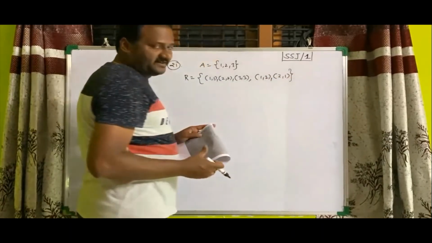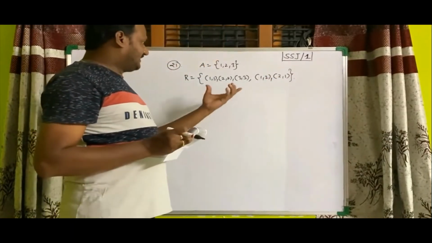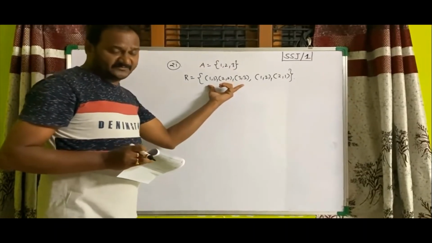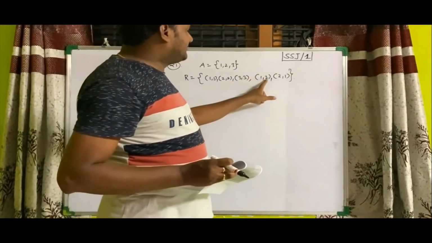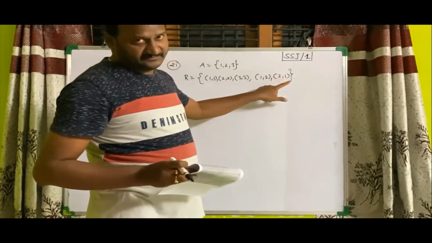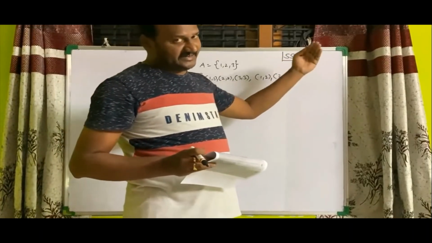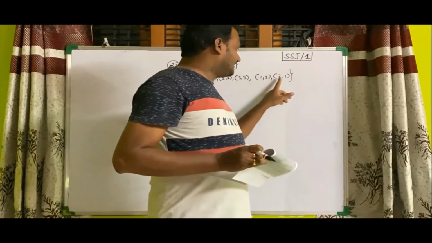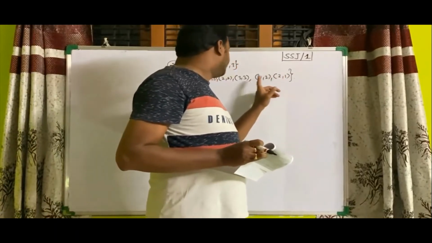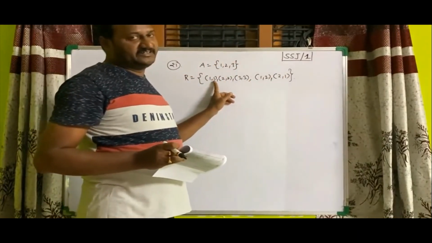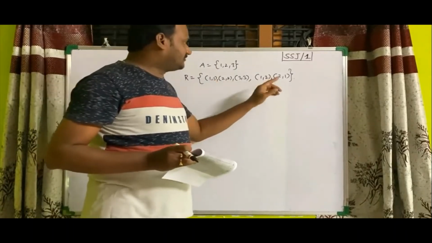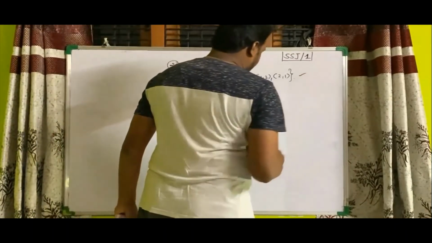Is it not an equivalence relation? Absolutely an equivalence relation, because these represent a reflexive relation. Since (a,b) is there, (b,a) is also there. So it is symmetric also. Since (a,b) is there and (b,c) is there, (a,c) is also there. So it is transitive also. Therefore it is one equivalence relation.